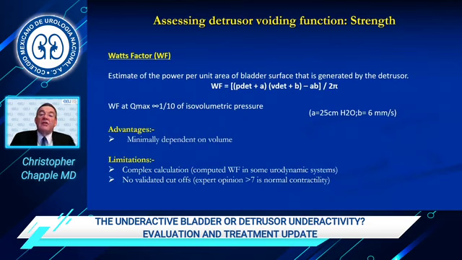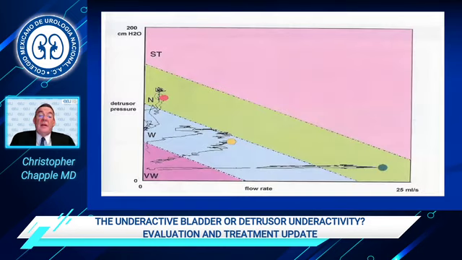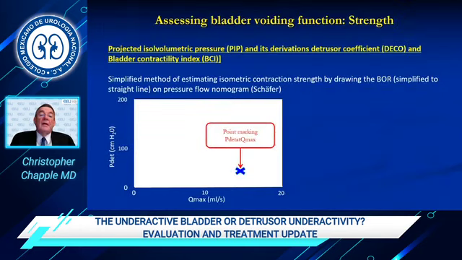There's a long calculation for this, and I can't justify this. It's a physics equation, but certainly it gives you the Watts factor, which allows you to look at the detrusor function strength. It's minimally dependent on volume, but it's limited by being a complex calculation, and there are no validated cutoff points. But nevertheless, you can see on here how that maps with the low pressure, low flow situation.